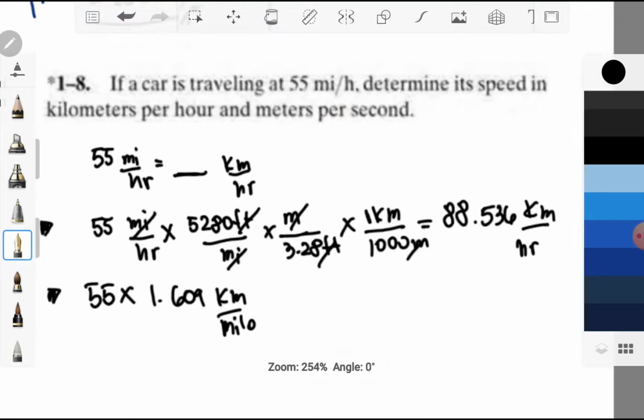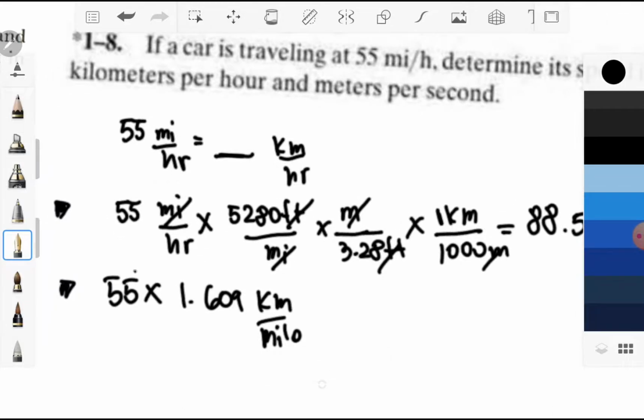Take note that my 55 has a unit of miles per hour, so canceling out your mile, we'll have a value equal to 88.495 kilometers per hour.